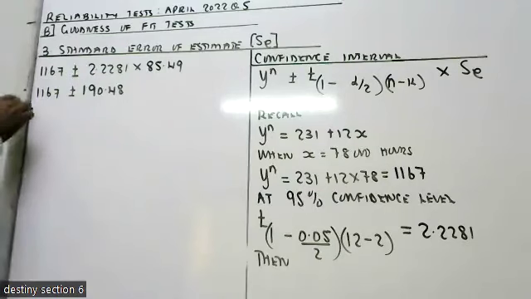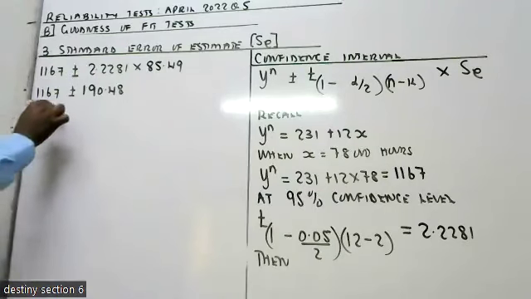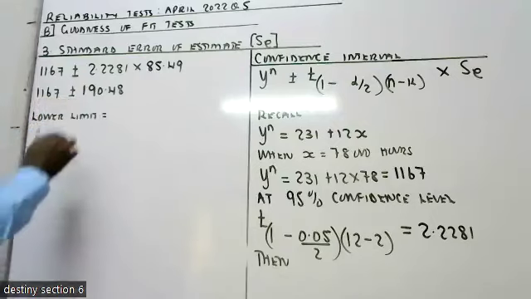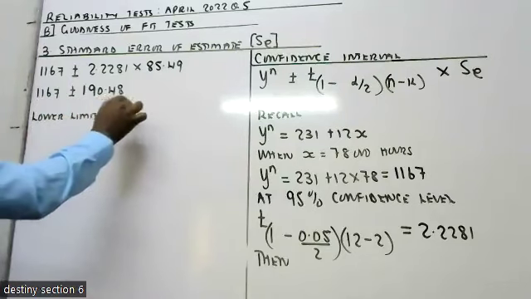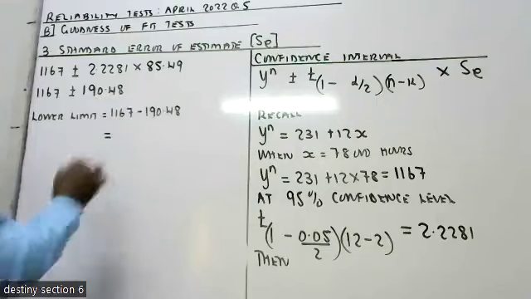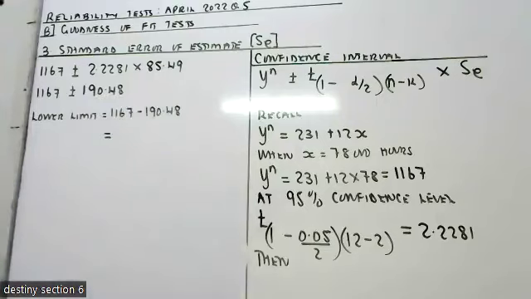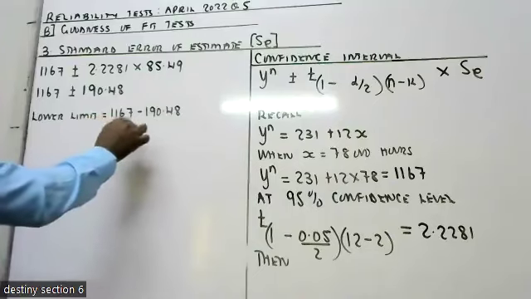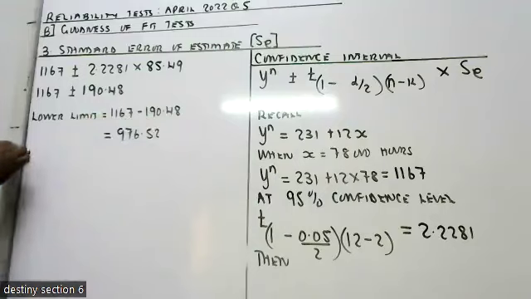And as we say now, the lower limit will be 1167 minus 190.48, which is 976.52.